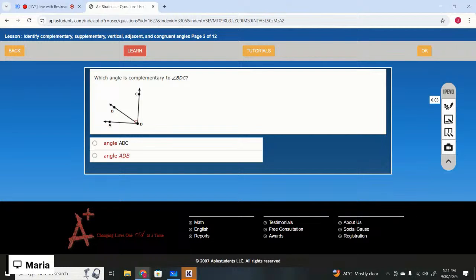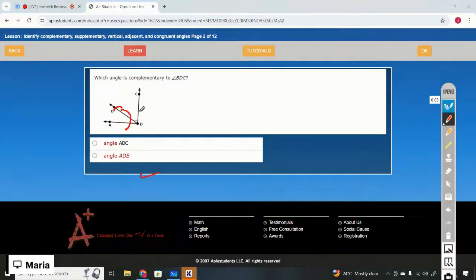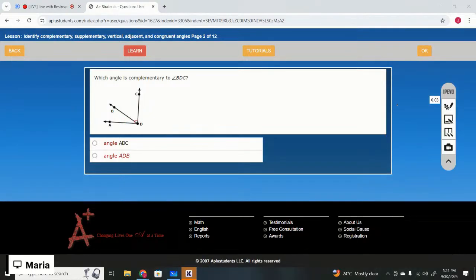So angle BDC. This is BDC. You can add ADB to make it 90 degrees. The correct option is angle ADB.